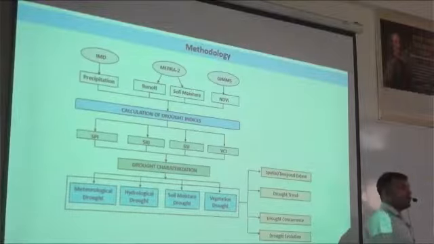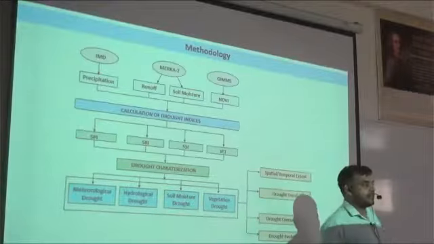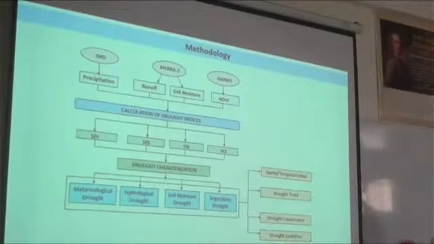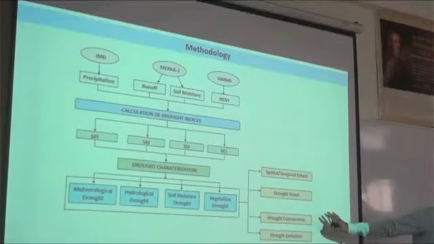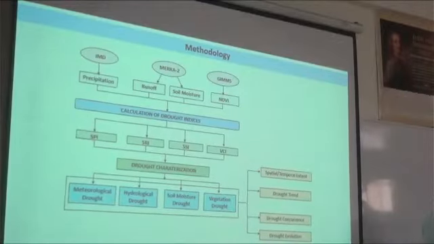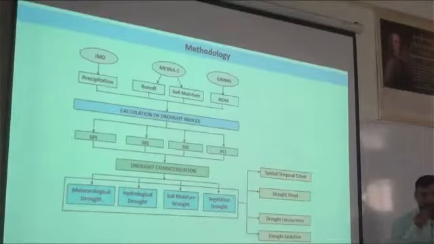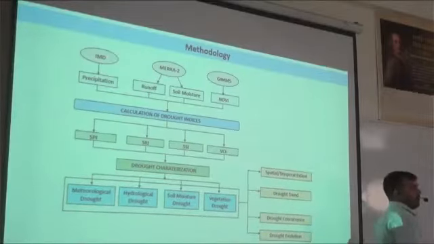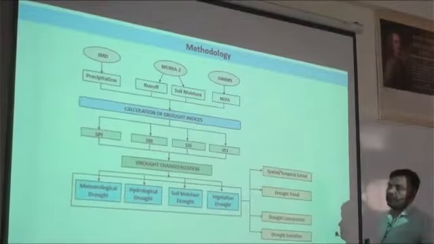Then we have shown how the frequency is changing across the decades, and the third thing is the severity. Finally we have calculated the drought concurrence, which means two or more droughts occurring at the same time in the same study area.